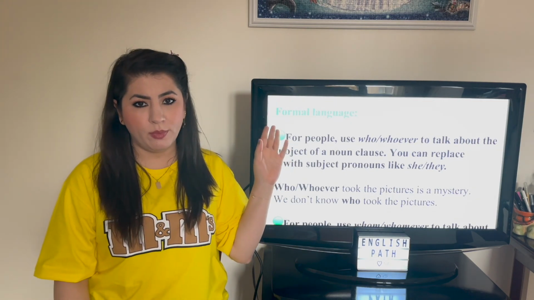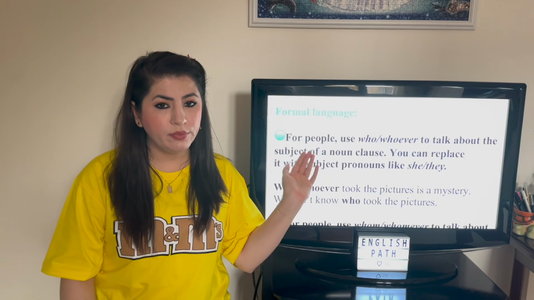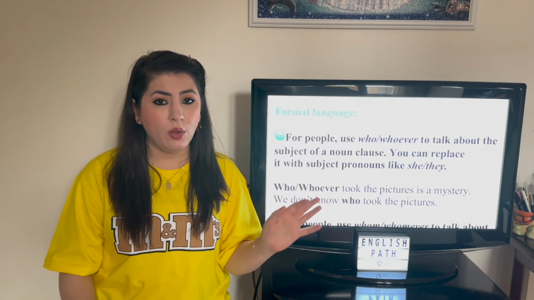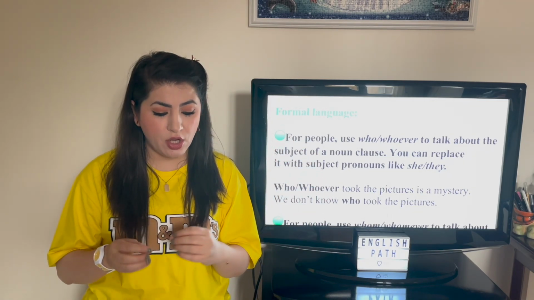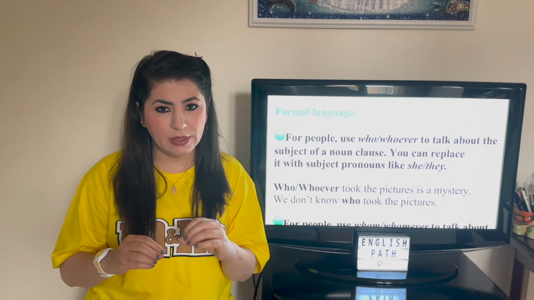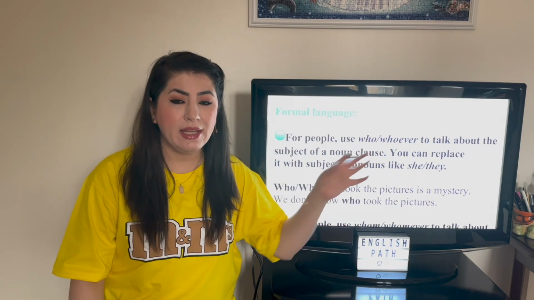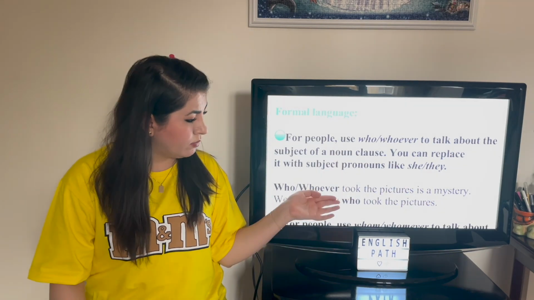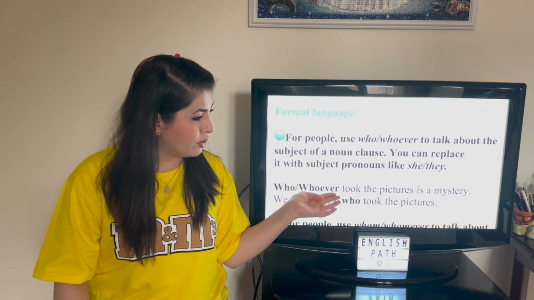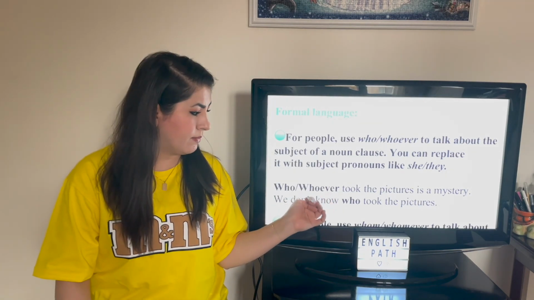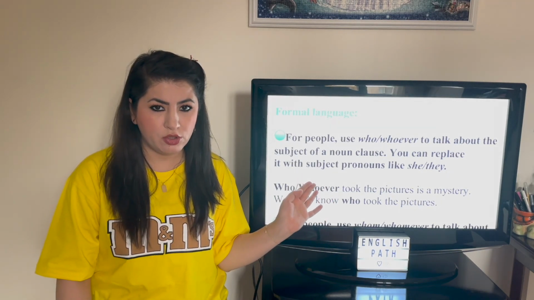When you're using formal language, for people, use who or whoever when you're talking about the subject of the noun clause. You can replace that word with she or they if it is talking about the subject. Like, who or whoever took the pictures is a mystery. Somebody took those pictures, right?